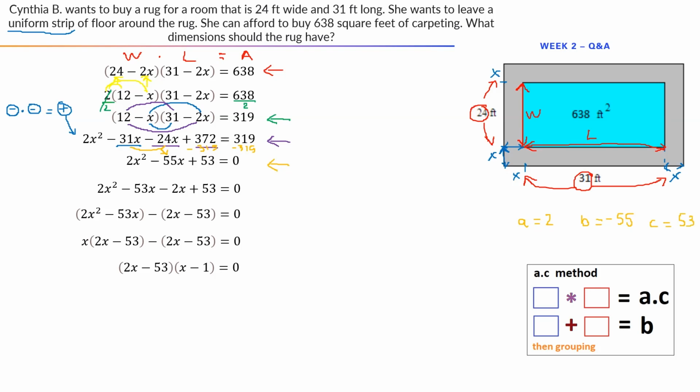Okay, so A times C is 2 times 53. Alright, what two numbers multiply to equal 2 times 53, and when you add them up, they form negative 55?